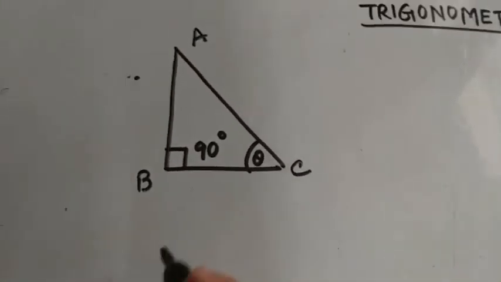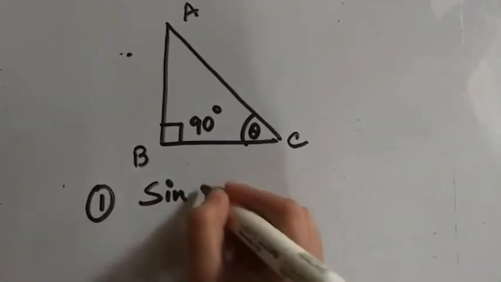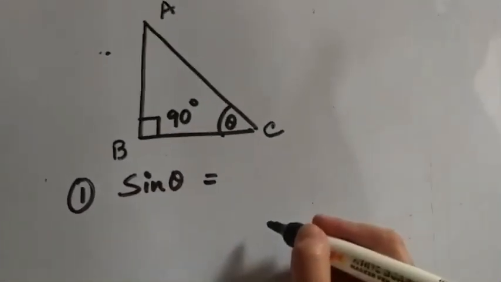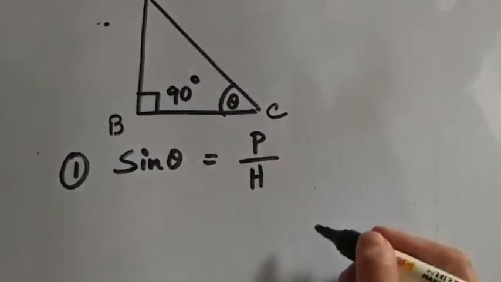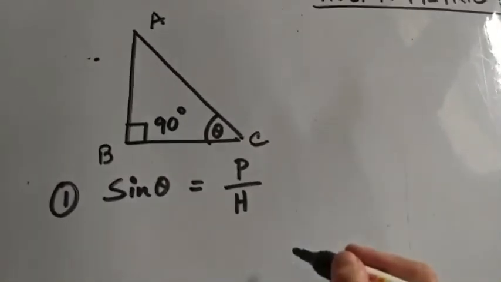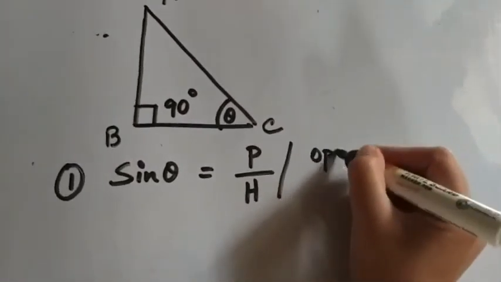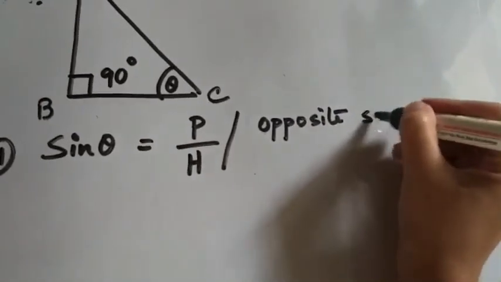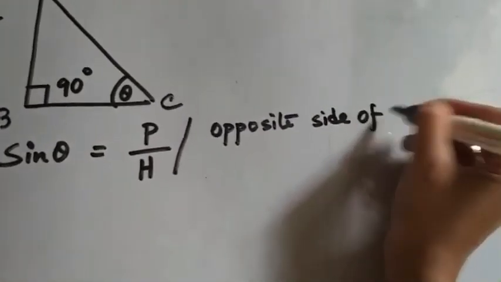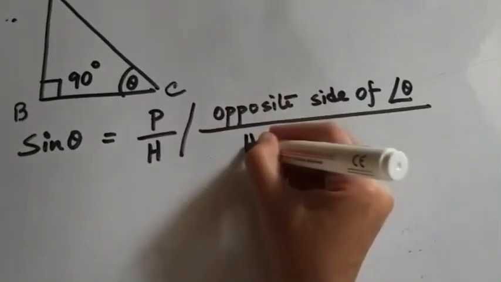Okay, so after that I'll write down sin theta will be perpendicular by hypotenuse. I am writing the short form of perpendicular and hypotenuse, or you can write opposite side of angle theta divided by hypotenuse.